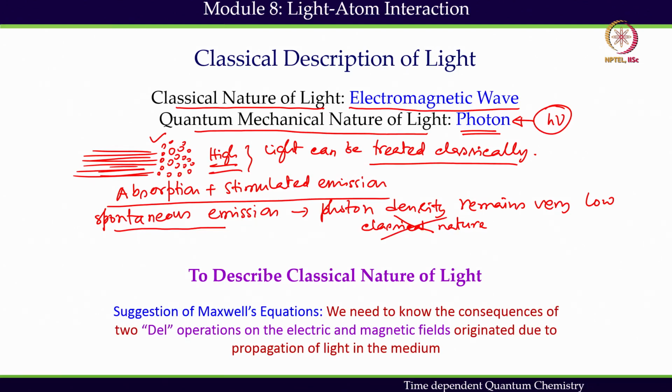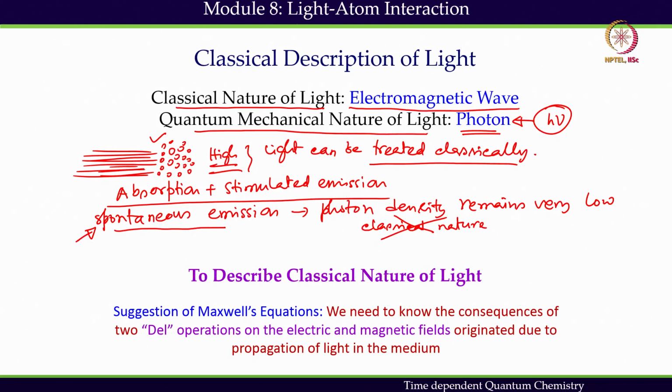However, a statistical argument can be coupled with the classical nature of light to treat spontaneous emission. If I want to treat spontaneous emission semi-classically, following the semi-classical description of light-atom interaction, then I have to do it in an indirect way, using a statistical argument coupled with the classical nature of light.